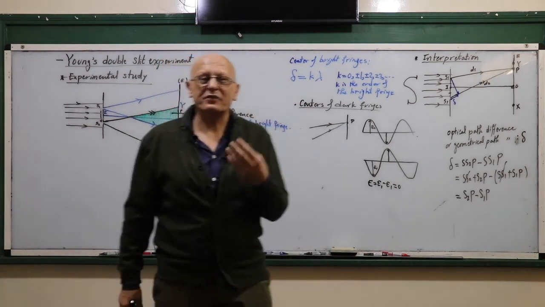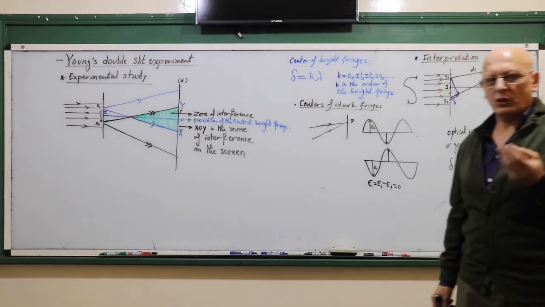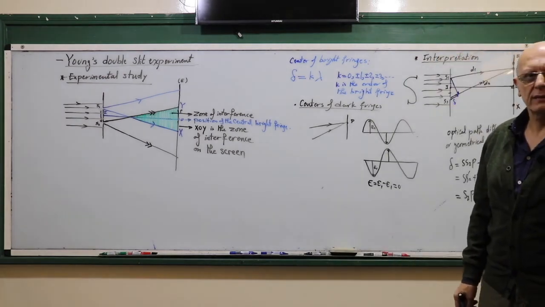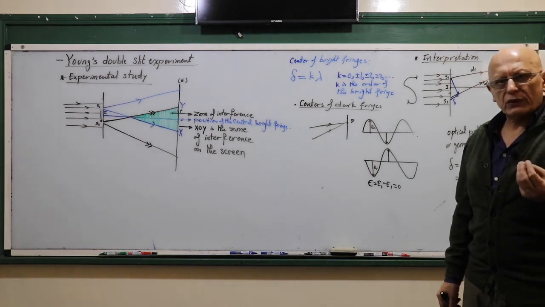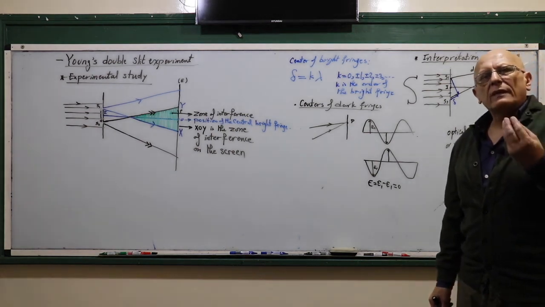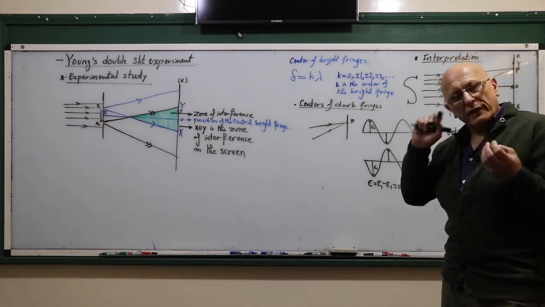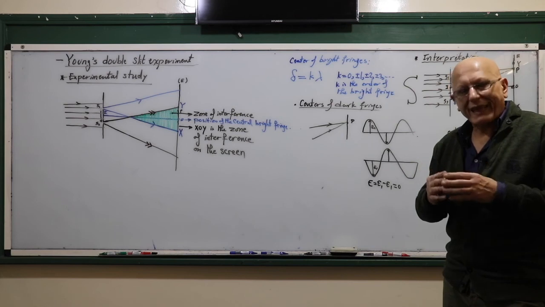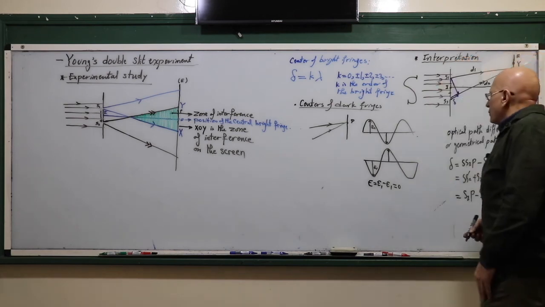Here the dark fringe doesn't mean there isn't light, because dark means no light. Dark fringes here, these dark spots, lights reach them, but this light cancel each other, and so you get the dark fringe.